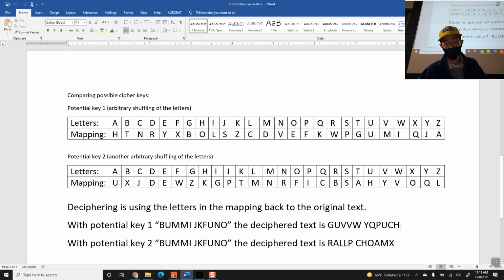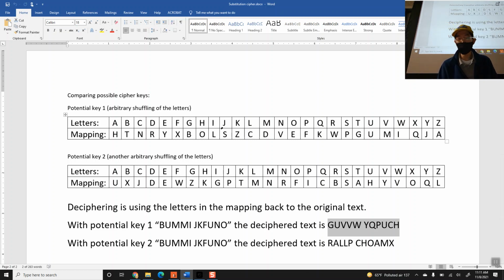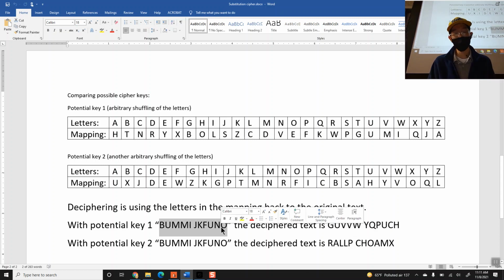So if the person creating the cipher message had used potential key 1, this was their original message, GUVVW YQPUCH, and after applying the substitution key, this is the text we got, BUMMI JKFUNO.